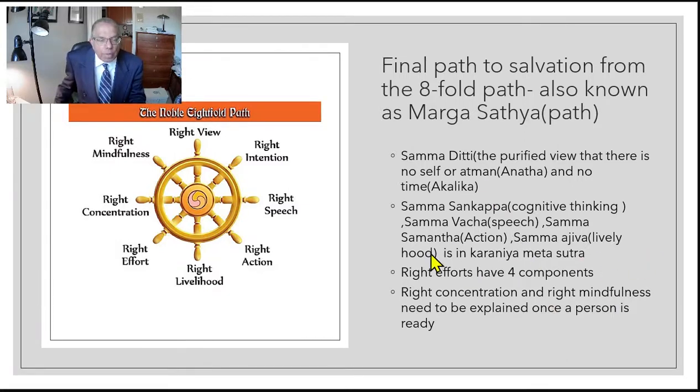And that's what he's talking about in the Karaniya Metta Sutta. Then right livelihood, samma ajiva, how we should live in the world. He gave a wonderful definition in the Karaniya Sutta, that you must follow me as a teacher, as the role model. Therefore, you can have the right samma ajiva.